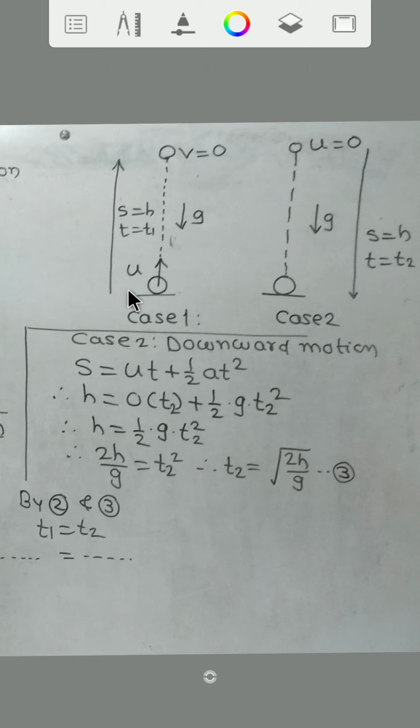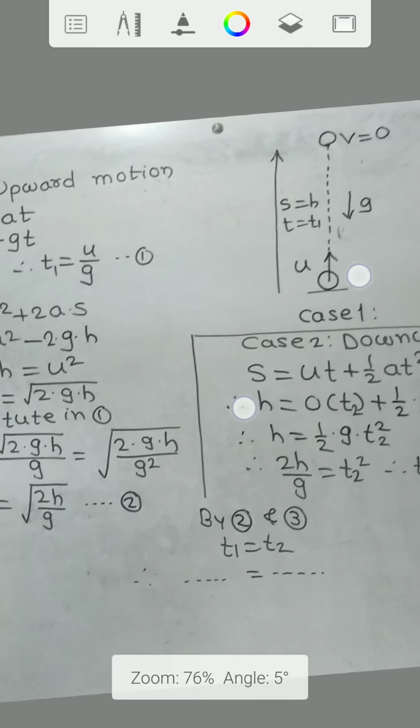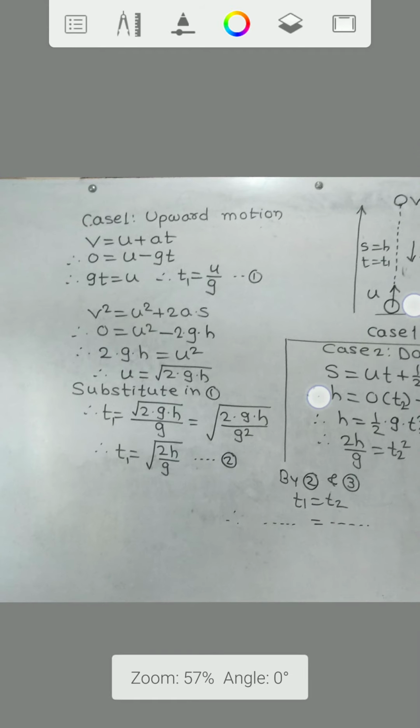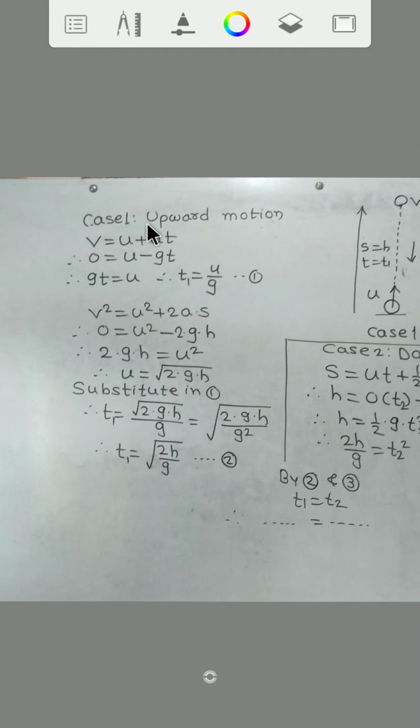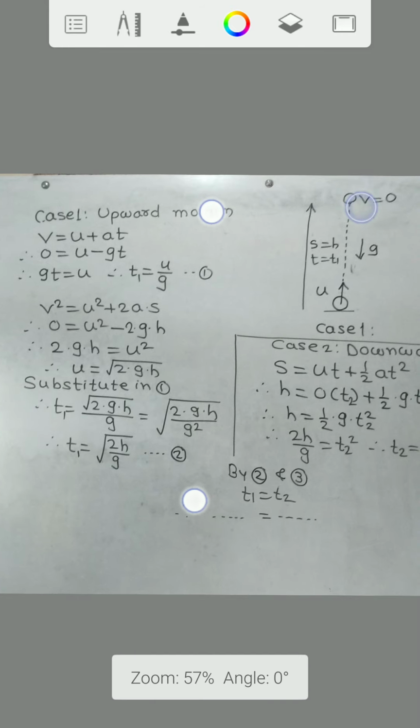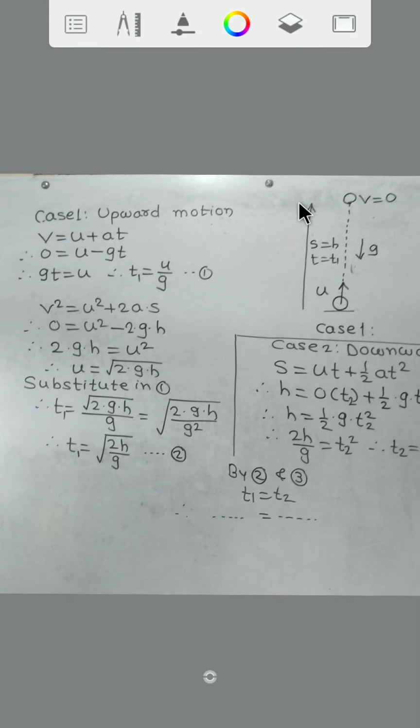We consider the first case where the stone moves upward. So in the first case, initial velocity u, and at the highest point velocity becomes 0. So in the first equation of motion, v = u + at, put v = 0, initial velocity is u.